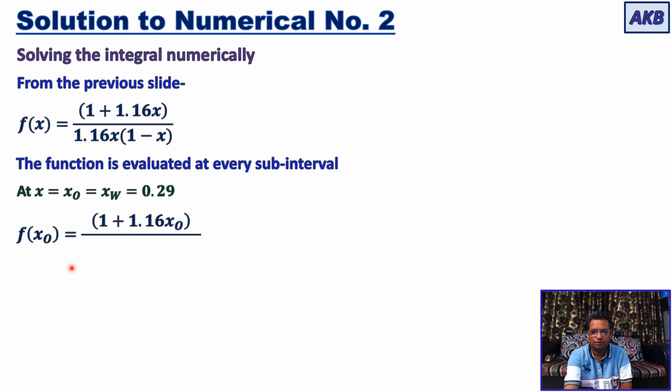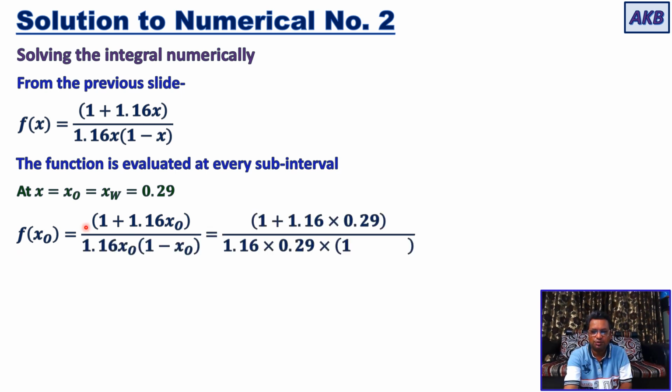So you just have to use x0 in the function. f of x0 is equal to 1 plus 1.16x0 divided by 1.16 into x0 into 1 minus x0, that is equal to 1 plus 1.16 into 0.29 divided by the same denominator. I'm using the value of x0, and I get the value for the function as 5.60.